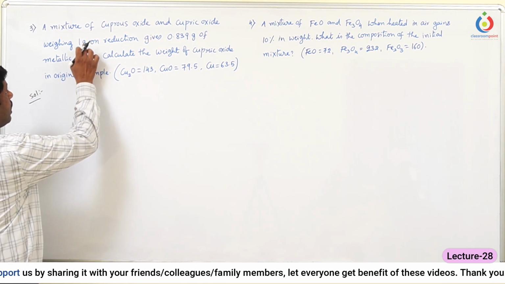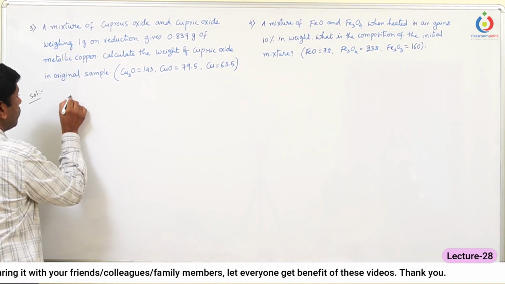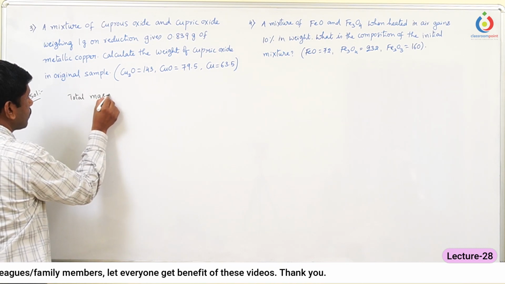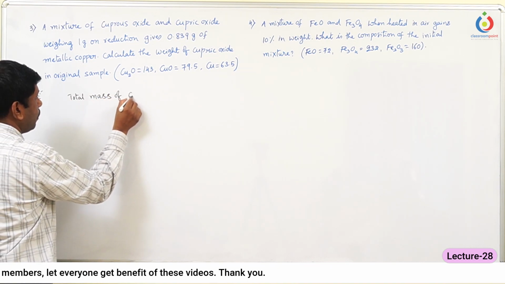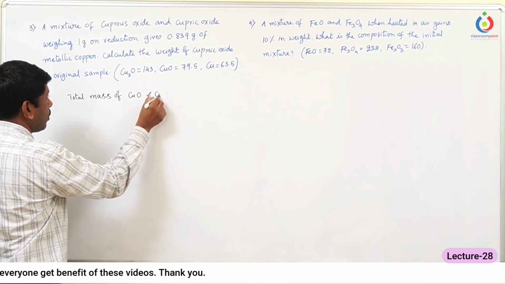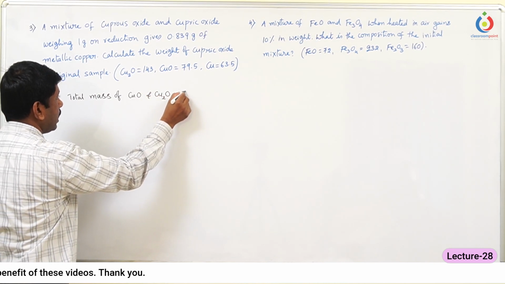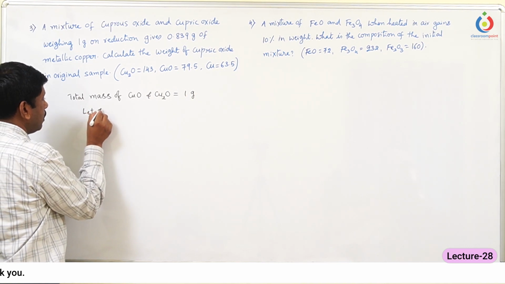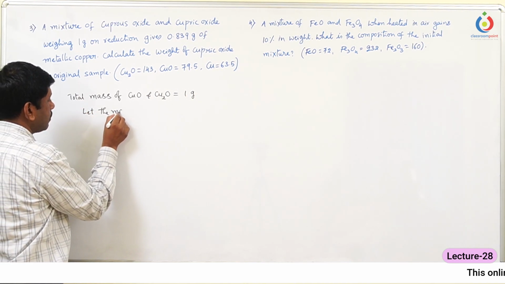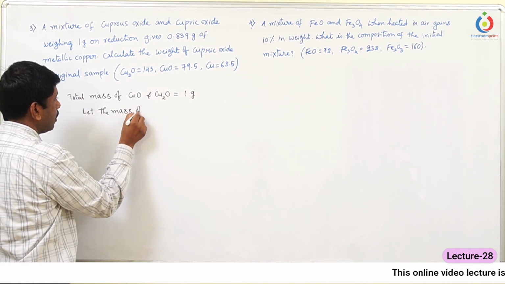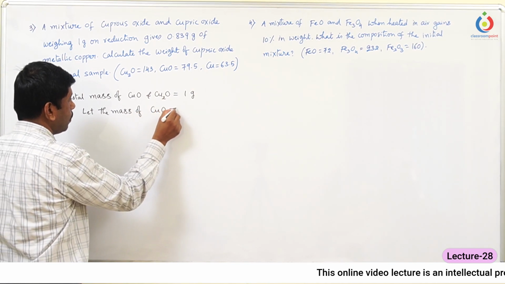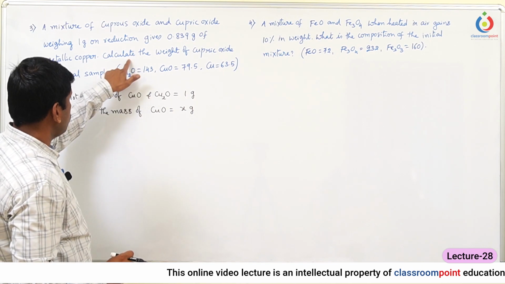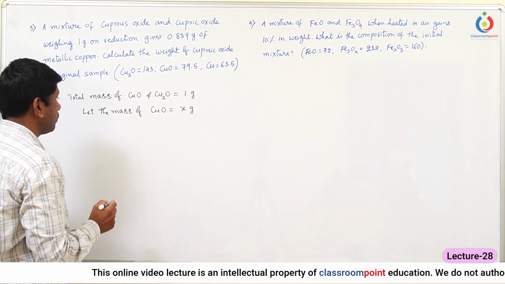So here the total mass of the mixture is equal to 1 gram. So the total mass of cupric oxide and cuprous oxide together is equal to 1 gram. Let the mass of cupric oxide, CuO, be x grams, because we need to calculate the weight of cupric oxide only.